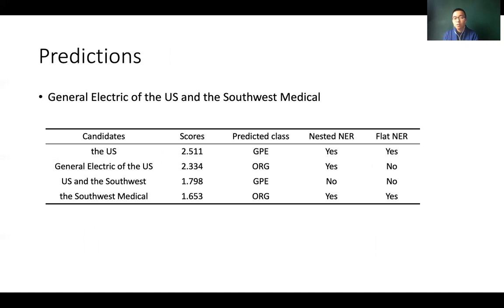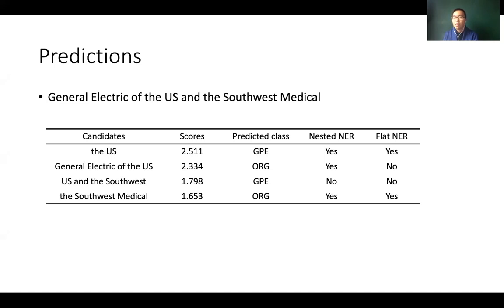So let's assume we have a sentence here, and we have some candidates after removing all the candidates that had a label of non-entity. Here we have 4 different candidates: the US, General Electric of the US, the Southwest, and the Southwest Medical. We've already sorted them by score from high to low, associated with their predicted classes.